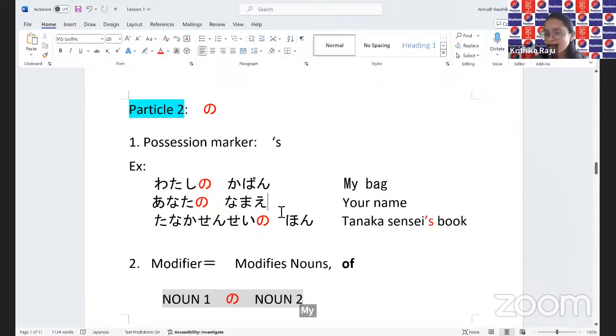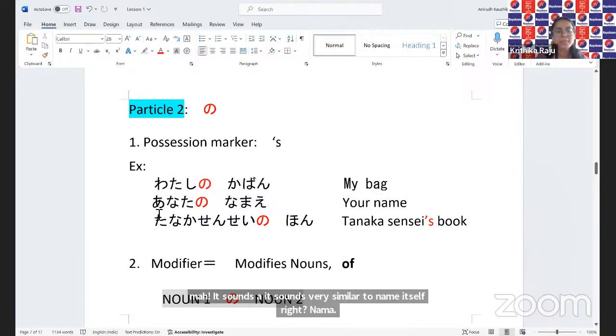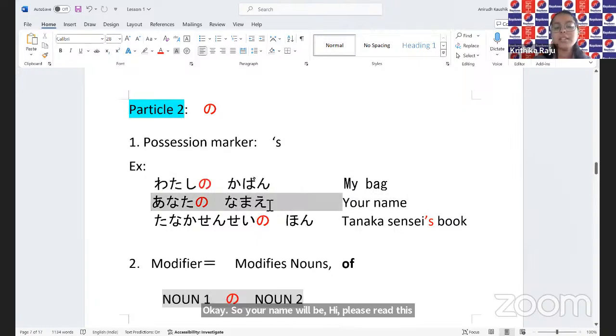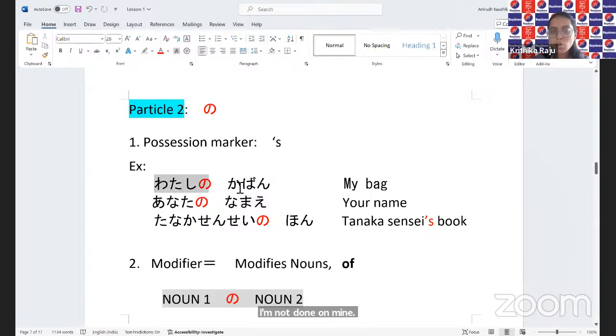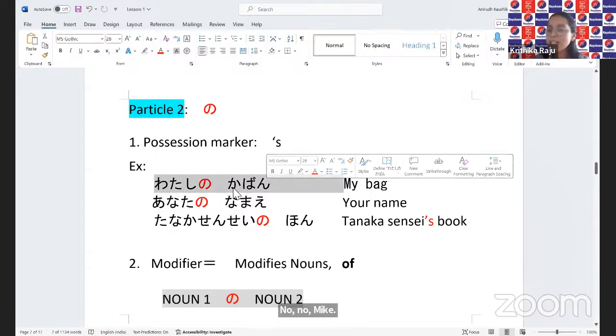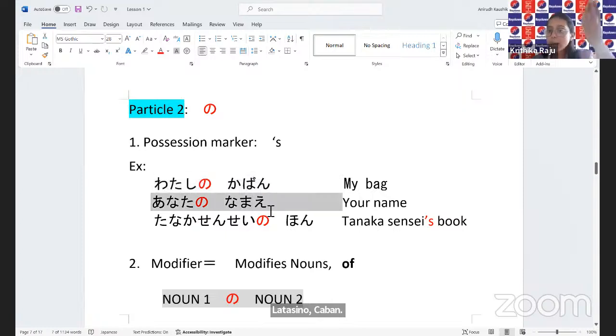So your name will be, please read this, anata no namae. Watashi no kaban. Kaban is bag. Watashi no kaban. Anata no namae.